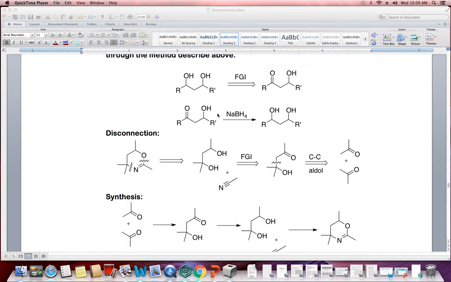The fourth category is expected to be 1,3-dicarbonyl compound. For example, we have carbonyl compound over there and carbonyl compound over there. This is the expected fourth possibility for aldol disconnection.